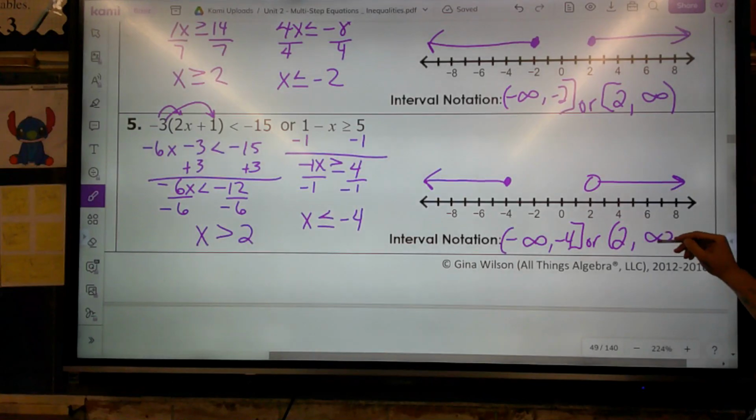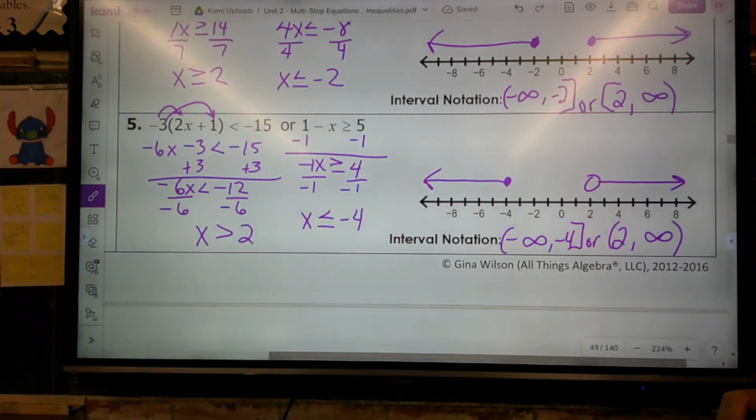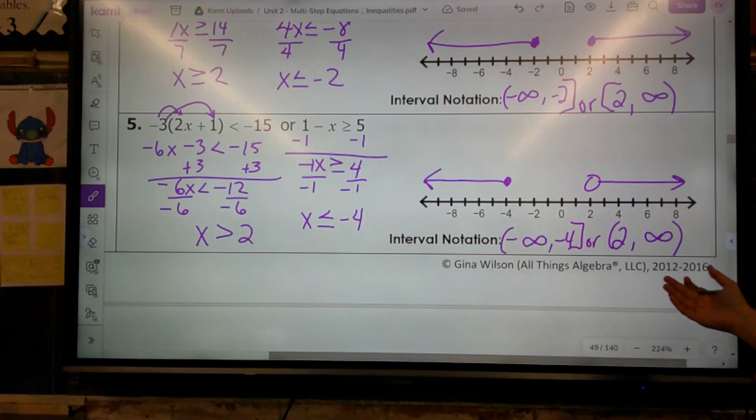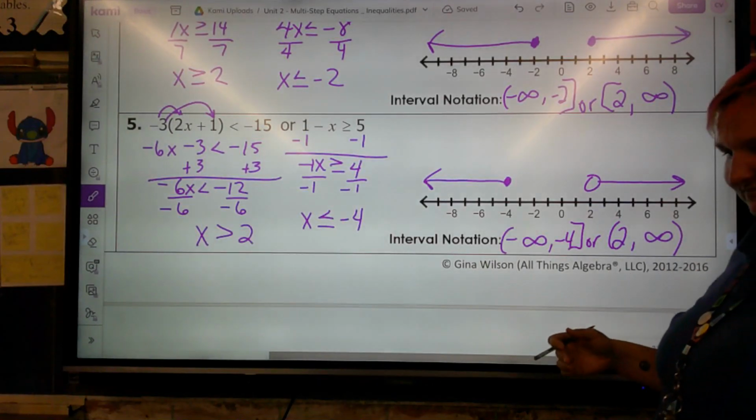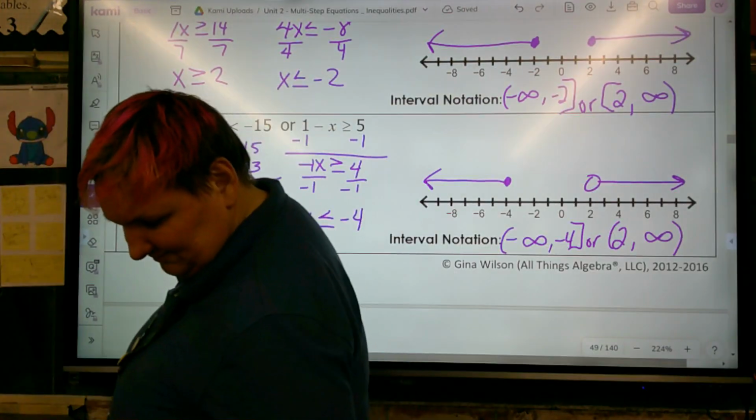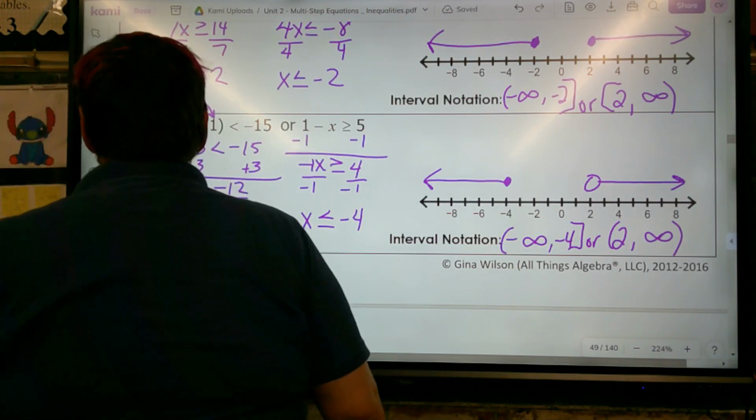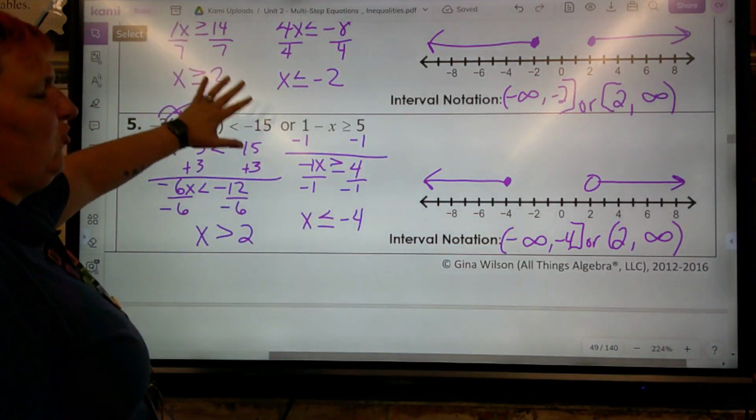And negative infinity and infinity always get parentheses because they go on forever. Right? Those are your "or".